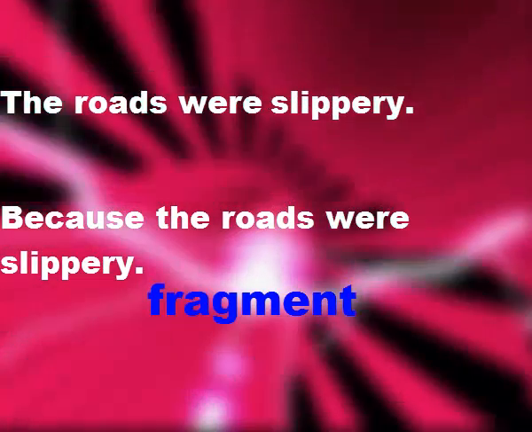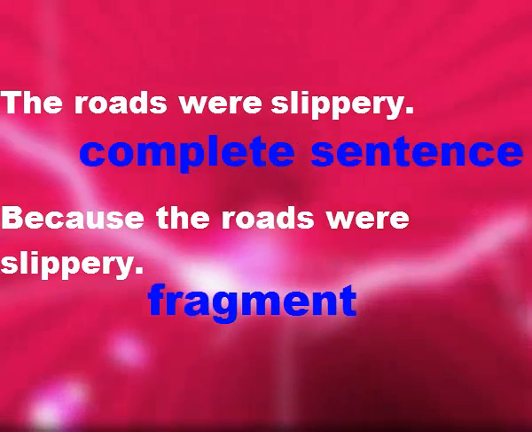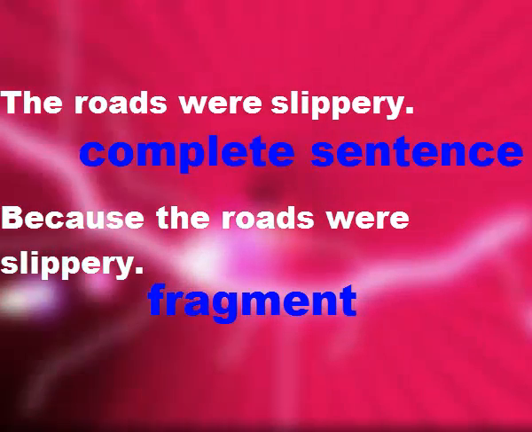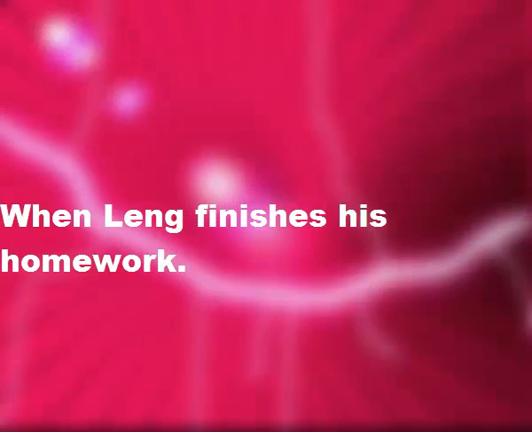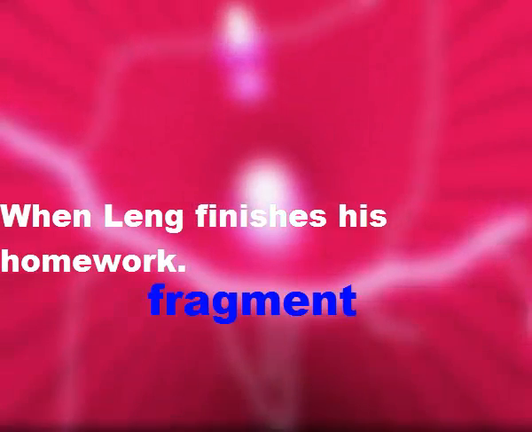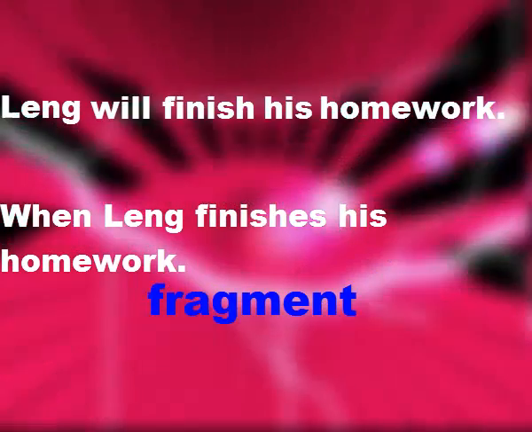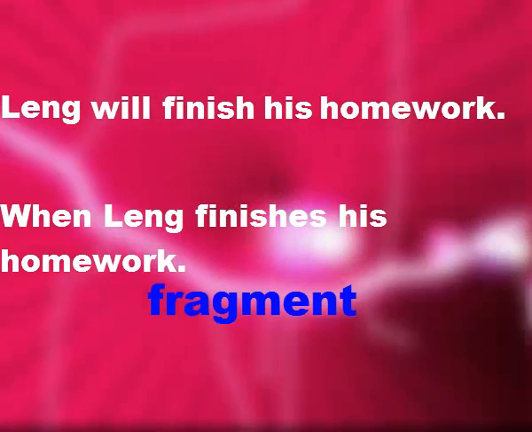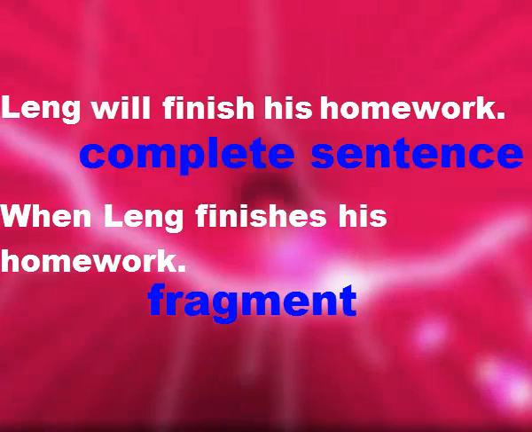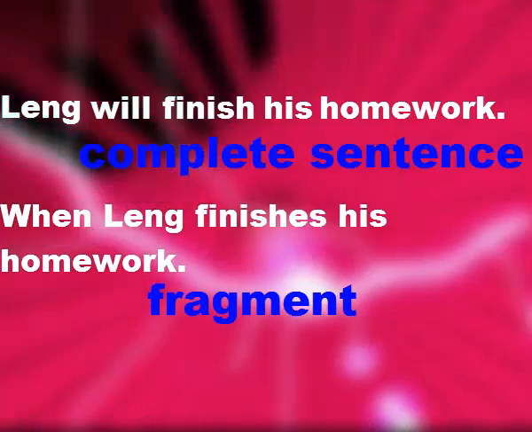The roads were slippery is a complete sentence because it is a complete thought. When Lang finishes his homework is a fragment because it is not a complete thought. Lang will finish his homework is a complete sentence because it is a complete thought.